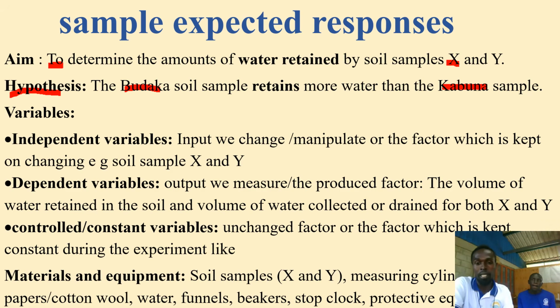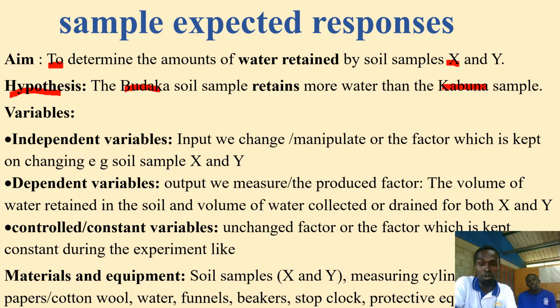Basing on the scenario in the test item: when he planted the pineapples in Budaka they were stunted, they were yellowish, their leaves were easily dropping, lodging was common, the roots were rotting, and eventually the plants would wilt. Then you can identify that these are all symptoms of areas that are poorly drained, that are highly waterlogged. Therefore, this soil sample retains more water than the other.